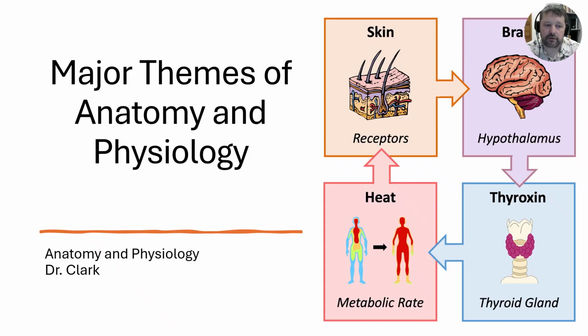The thyroid gland then changes the metabolic rate. Okay? And we'll talk about how the process works, but then also what happens when there are alterations to that process, whether that be due to a disorder, a disease, an ailment, something going on. Okay, and we'll come back and look at that.